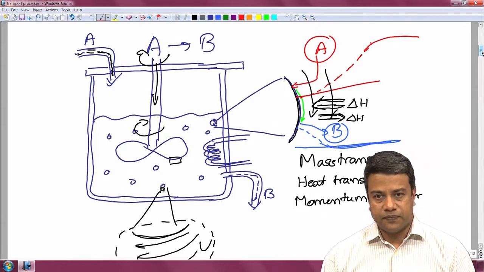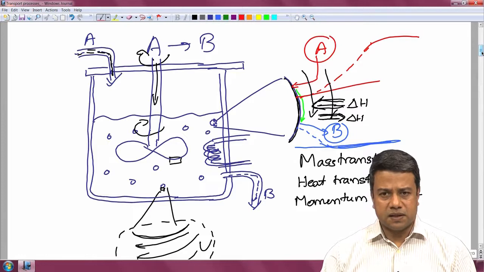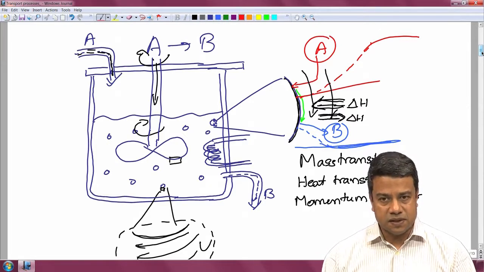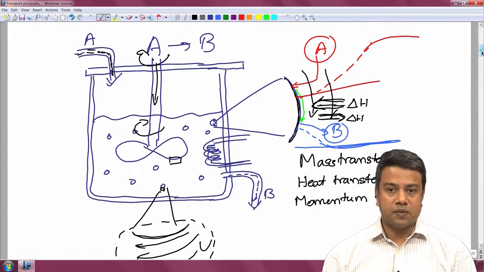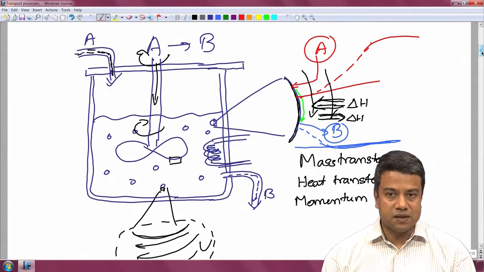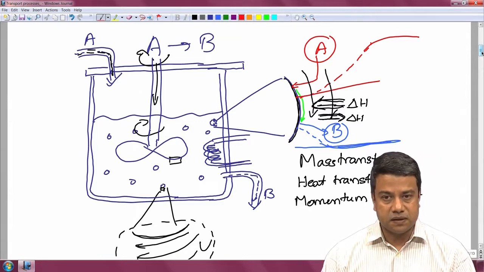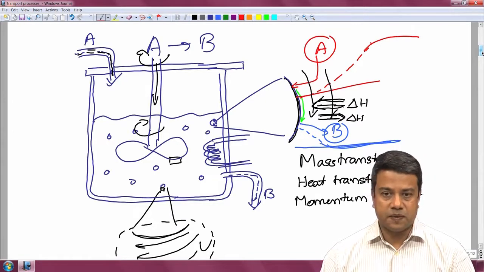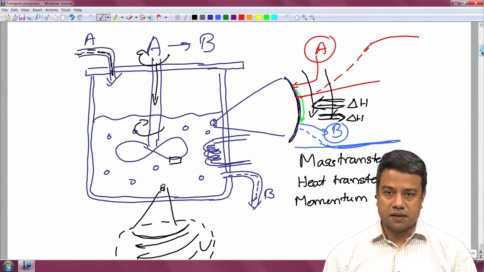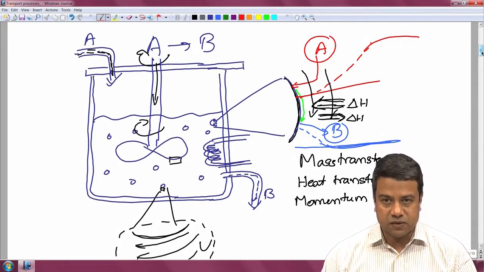But as I said, you cannot keep increasing the transport rates in these cases just because you keep increasing the speed, because at some point as you increase the speed, the power increases. And one has to know how the power increases with the frequency or the angular velocity with which this impeller is being stirred, because that will basically determine how much energy you have to spend in order to increase the transport rates at the microscopic scale.